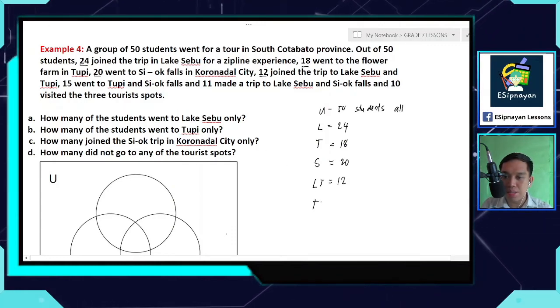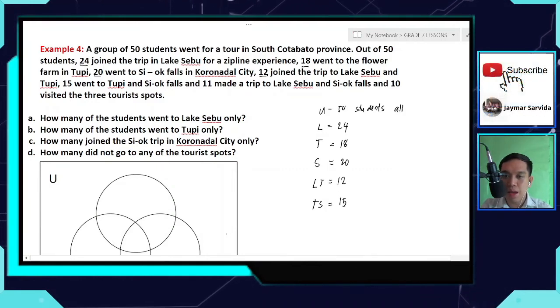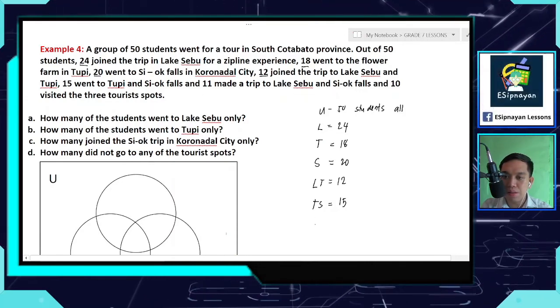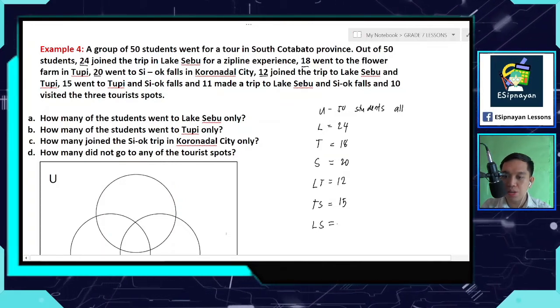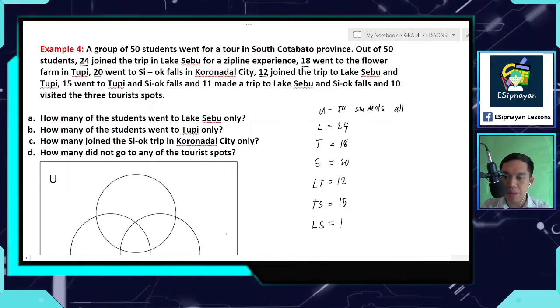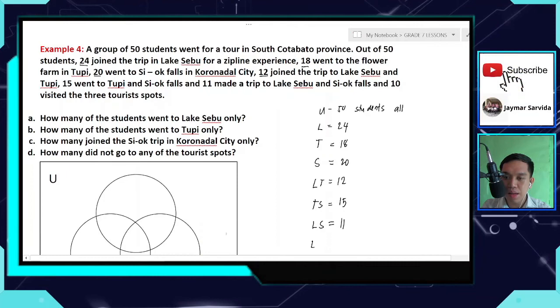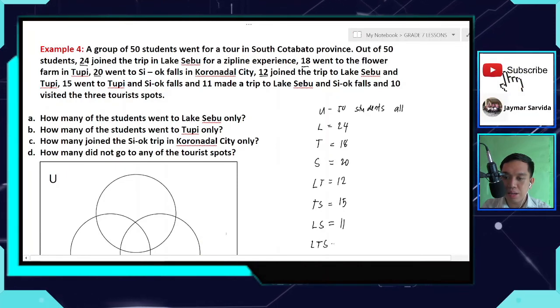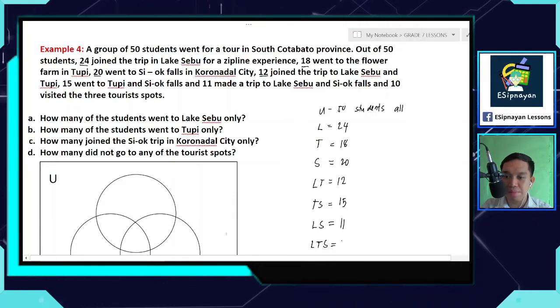So TS. Tupi and Siok Falls, we have 15. And to Lake Cebu and Siok Falls, we have 11. And then lahat yung ating LTS. Ito yung mga students na pumunta sa tatlong tourist spots natin. So we have 10. Ayan, so nasulat na natin yung ating mga given dito.